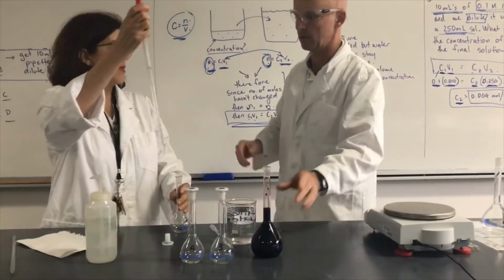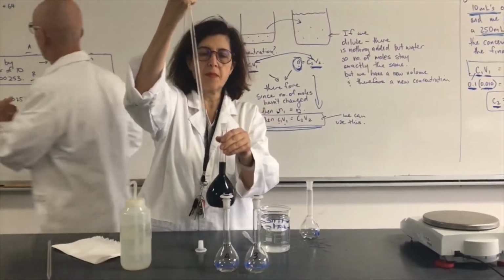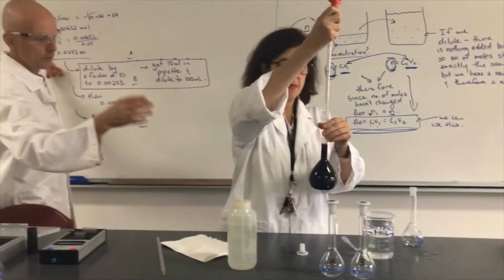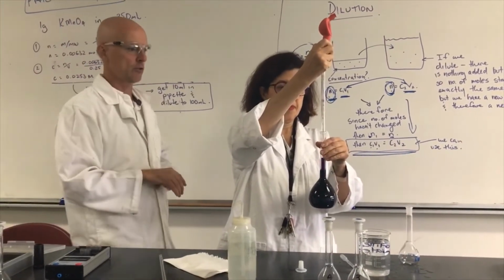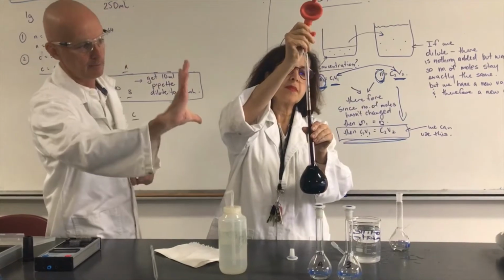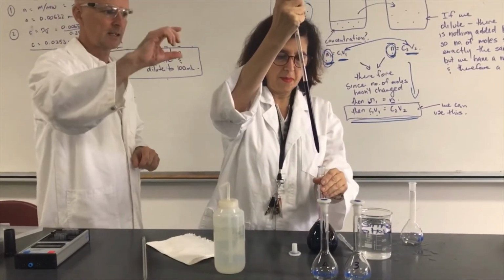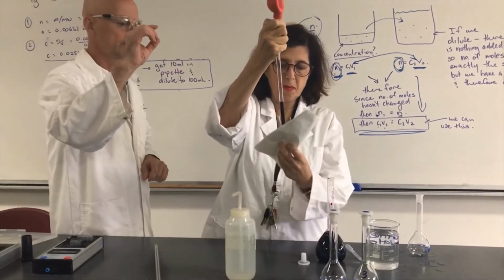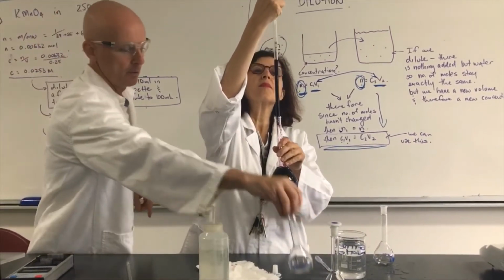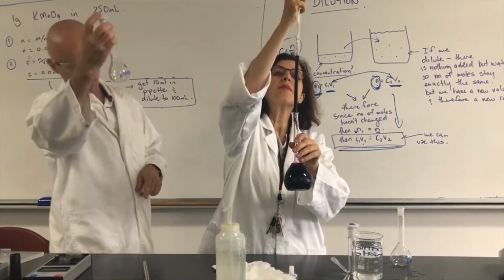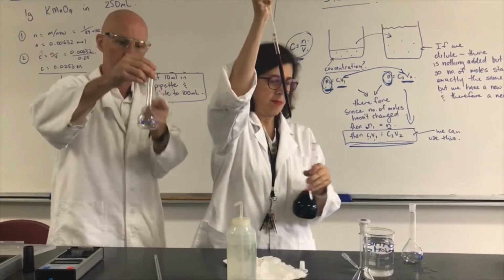So now, the next step then is Mrs. Camilleri is going to show you the dilution. It wants us to dilute this solution by a factor of 10. So what she's doing is she's decided to take exactly 10 mils of that solution using the pipette, and she's going to pipette that into another 100 ml volumetric flask and fill that up.